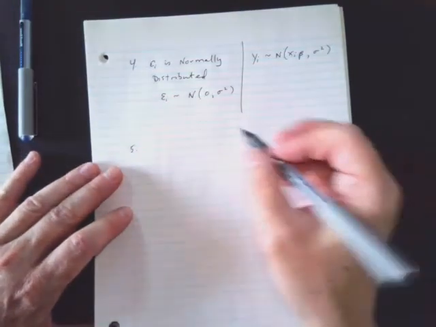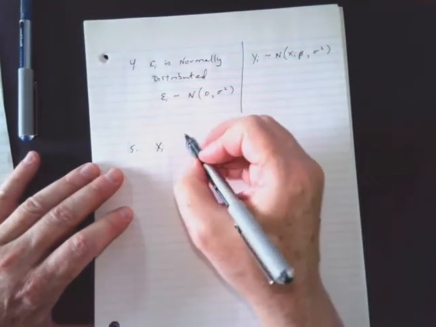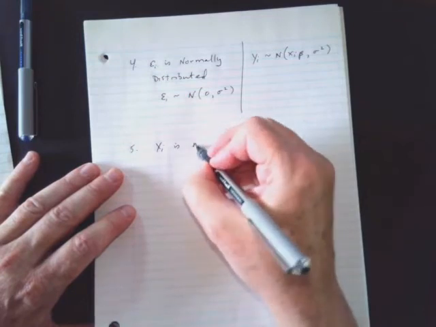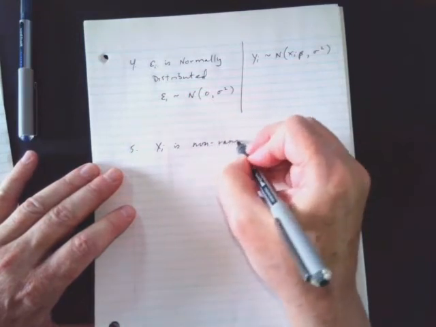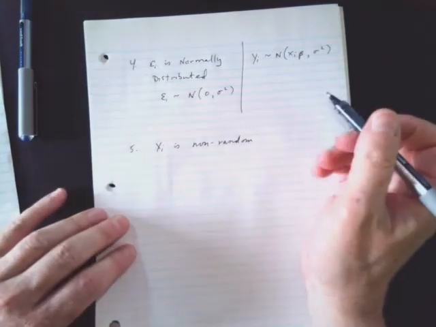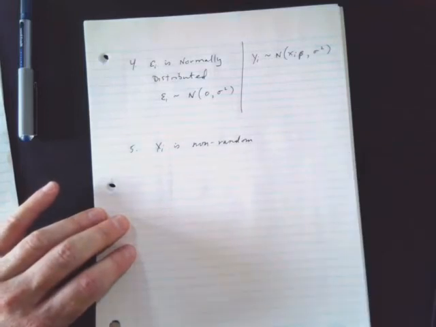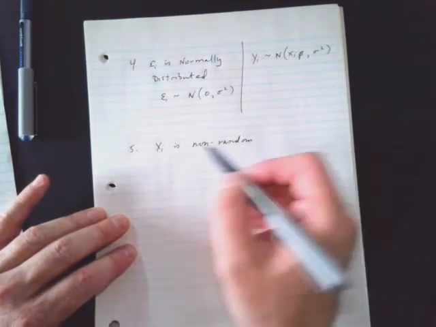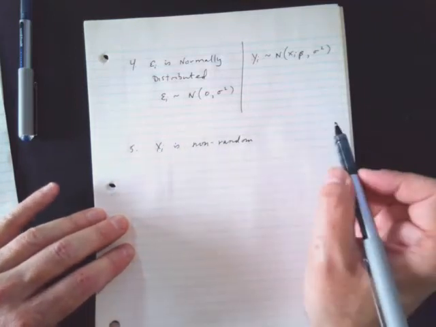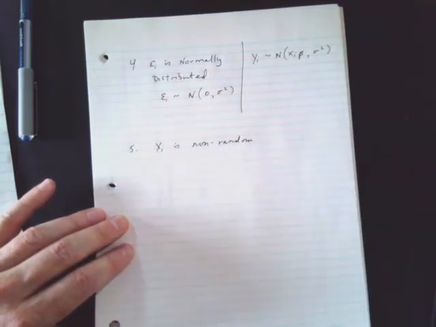The fifth assumption is that X is non-random. How's that one written? Yeah, it's written the same on page 64 and 66. It's the same either way.